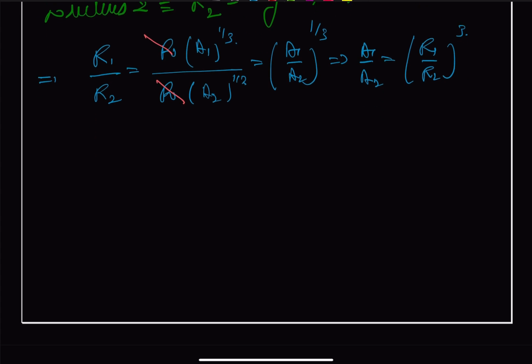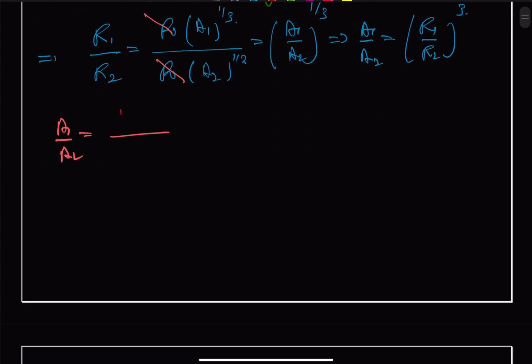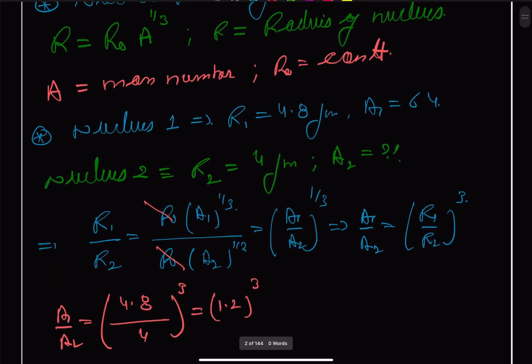So A1 upon A2, r1 is 4.8, r2 is 4. 4.8 divided by 4, this is our whole cube, and it will come as 1.2 whole cube, and A1 is given to us as 64.